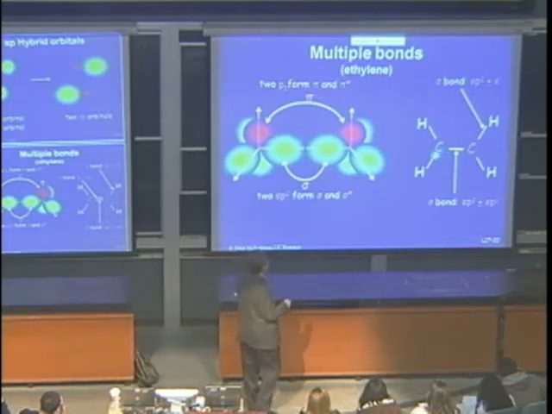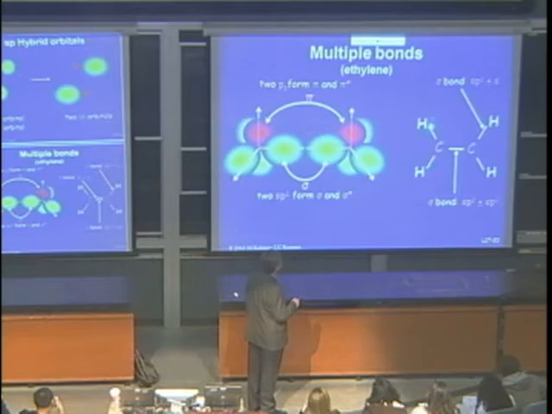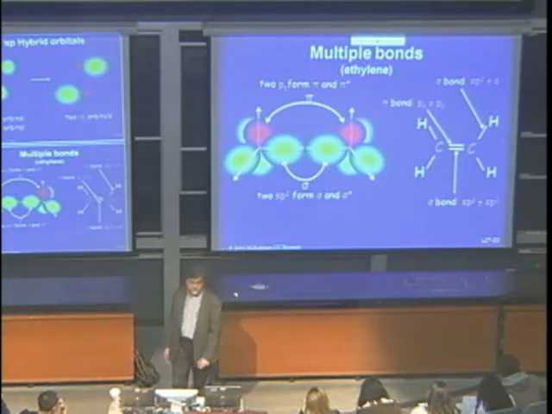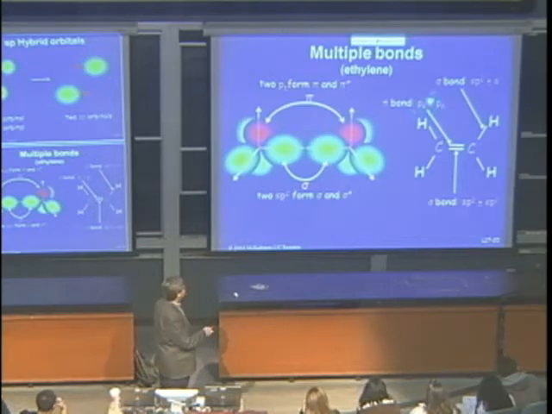Okay, so we have 1 sigma bond, 2 sigma bonds, 3 sigma bonds, 4 sigma bonds, 5 sigma bonds, isn't that right? Okay, and then we have this here, and what is that? That's our pi bond, and that comes from the p z.